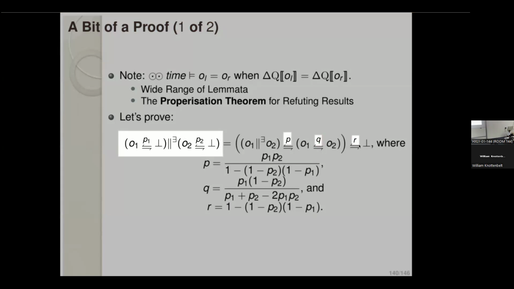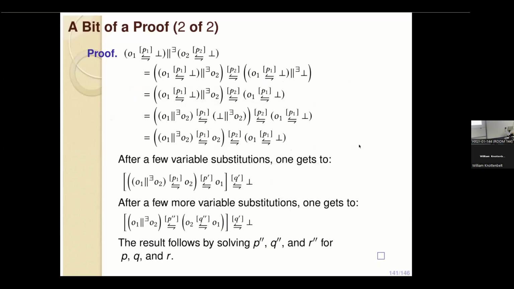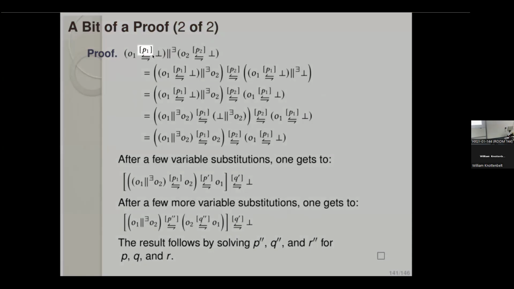Now, when I do the variable renaming, the variable substitution, the thing to notice is that, unlike here where the variables are only P1 and P2, what you get here is this new guy, P primed and Q primed. You do a bit more variable substitution, you get to this guy, P double primed and Q double primed.